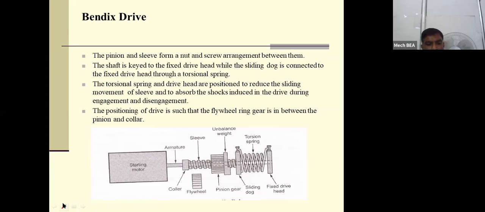Once the ignition switch is turned on, this will move in this direction and it will enmesh with this flywheel, and this will rotate the flywheel. Once the flywheel rotates, there will be suction, compression, expansion, and exhaust, and the engine will run.